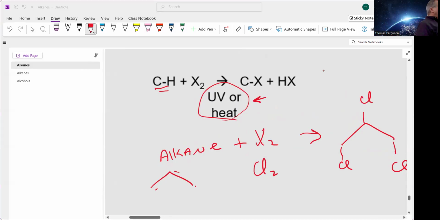So every reaction's got three parts: reactants, which you start with, products, which you end with, and the conditions. So on a test, when I ask you for the product of this reaction, you have to name the reactants, name the products, and give me the conditions by which that reaction happened to get full credit for the reaction.